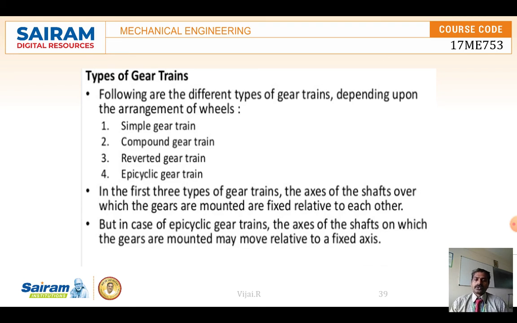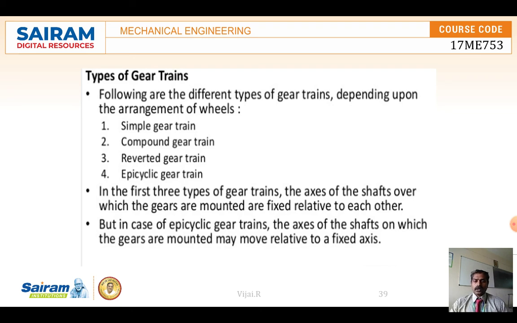So first gear to second, second to third, and all, it depends upon the gear teeth and the combination of the gears. We can get different speeds. So for getting a variety of speeds, we have different gear trains.